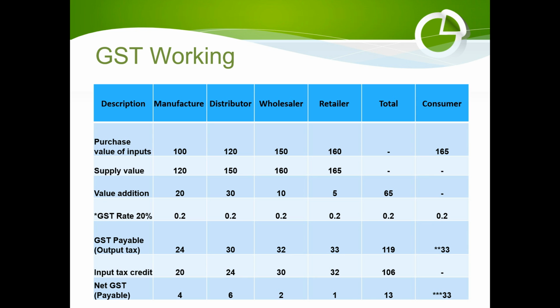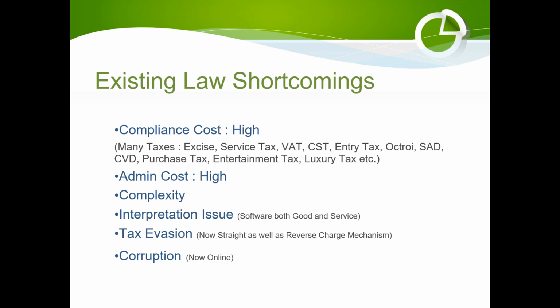Net GST payable for the distributor is output tax payable minus input tax credit available, that is 30 minus 24, that is 6 rupees, which the distributor pays to the government from his pocket. Like that the wholesaler, retailer, and finally the consumer pays the GST.